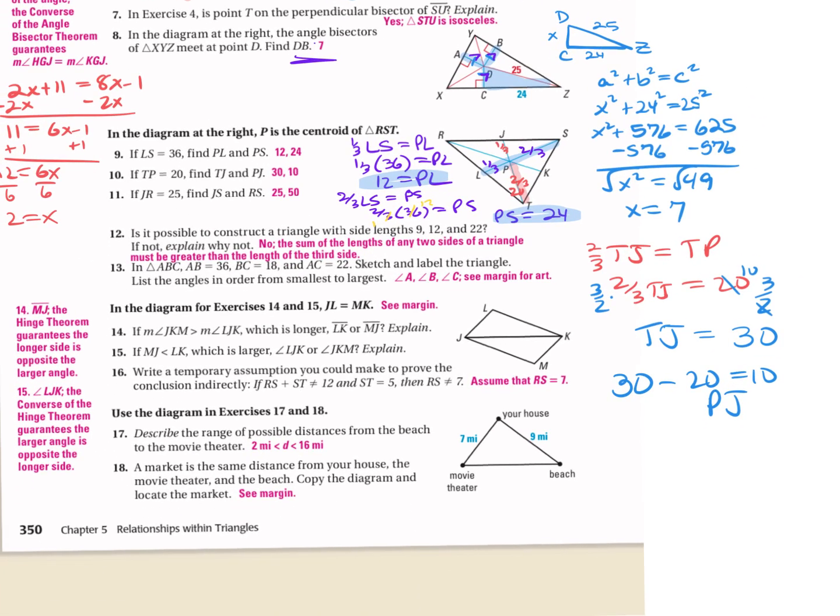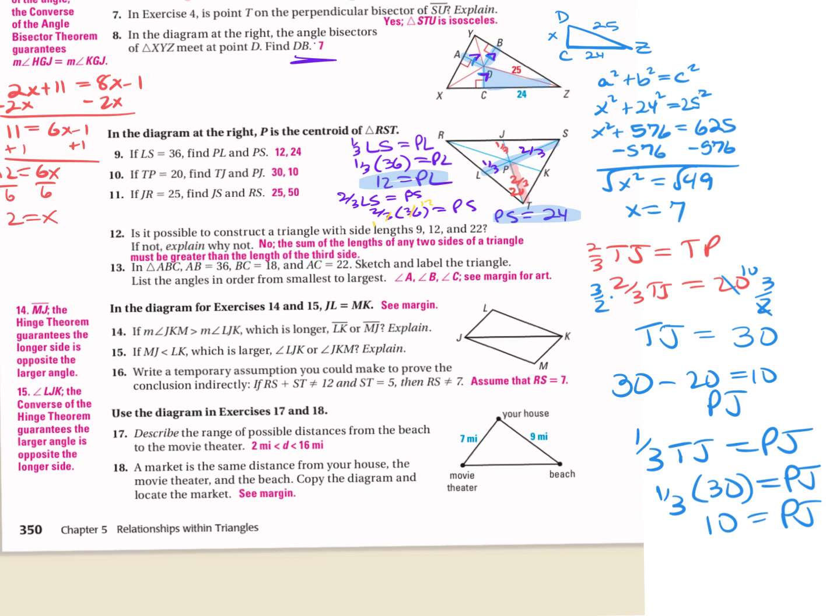Or I could do like I did before, 1/3 of TJ is equal to PJ. And since I just found TJ, I could just do 1/3 of it equals PJ. So 10 equals PJ. Multiple different ways once you find some more of the pieces.